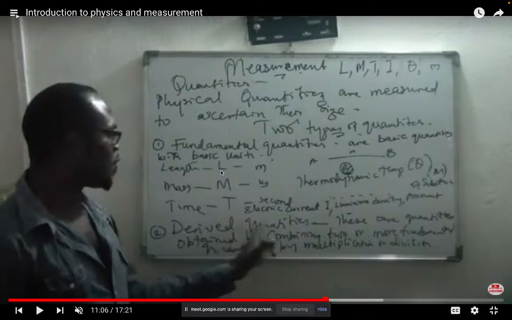Number 3, what are fundamental quantities? Number 3b, state the 3 fundamental quantities, their units, and their measuring instrument.